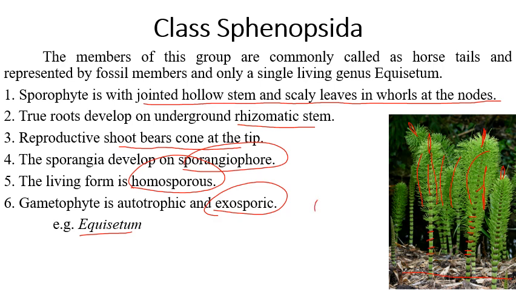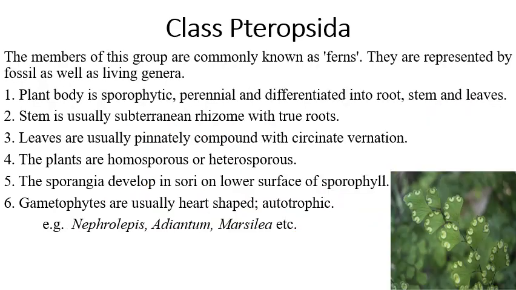Exosporic means if this is a spore and the gametophyte develops out of the spore, then that is called exosporic. And endosporic is the opposite term. This is a spore and the gametophyte develops within the spore, so its size is less than the spore, and this is called endosporic. But in Equisetum this is exosporic.